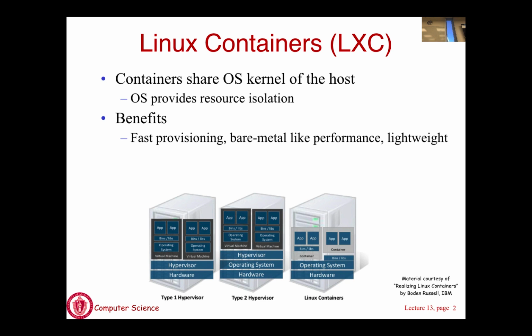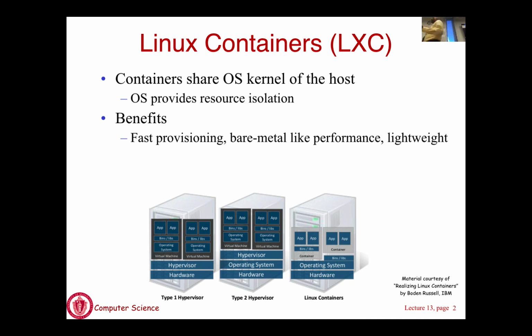Why is that? The first thing you have to realize is that in both type 1 and type 2, inside the virtual machine, you are going to run a whole operating system, whether it's Windows or Linux or whatever it is. And then you run processes on top of that OS. In OS virtualization, you only have one OS, which is the OS that booted on this machine.